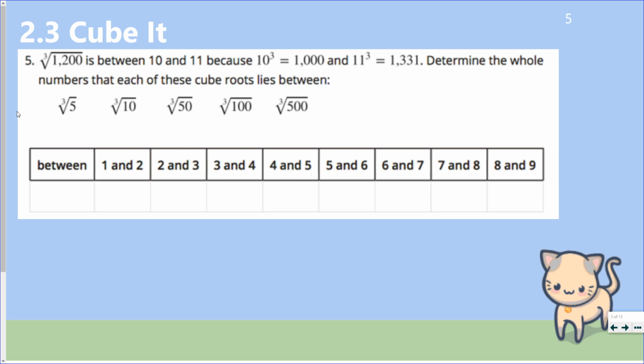So let's try some other ones, right? For example, the cube root of 5. What's the cube root of 5? Well, I don't know, but we know that 1 to the third is 1, and 2 to the third is 8. So the cube root of 1 is 1, the cube root of 8 is 2, the cube root of 27 is going to be 3.